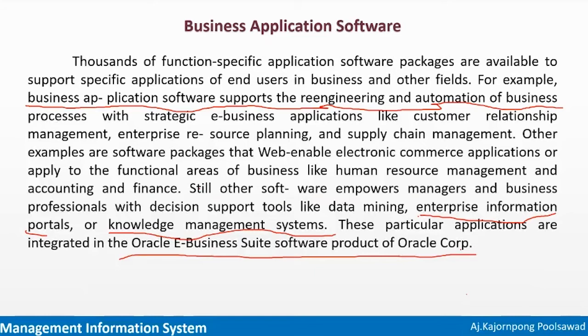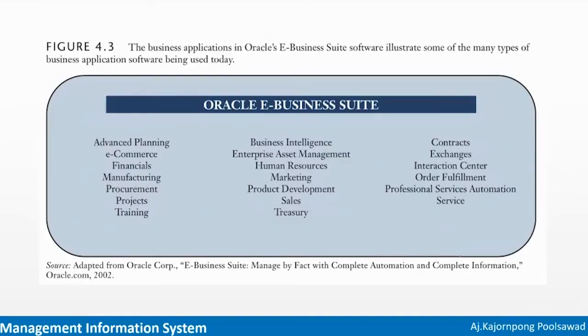SAP or Oracle is a kind of ERP application that helps operations manage and understand inside the organization, and also helps top management understand what happened inside the application as well.